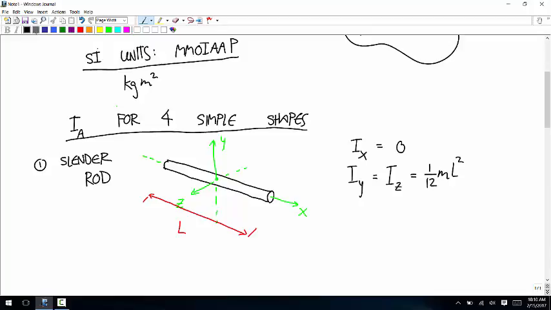But with all of these shapes, there's going to be different properties if it's rotating about one axis than if it's rotating about another axis. And so you're always going to have to keep that in mind. And notice also that these are all for about points at the origin. So we're talking about that being the about point A.